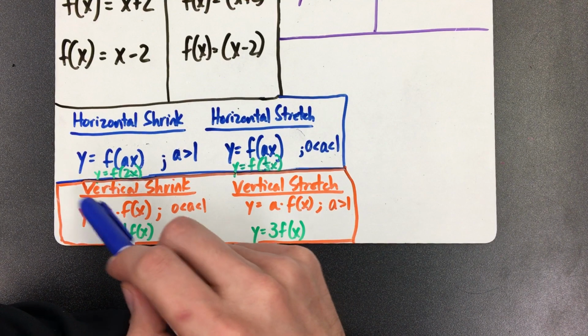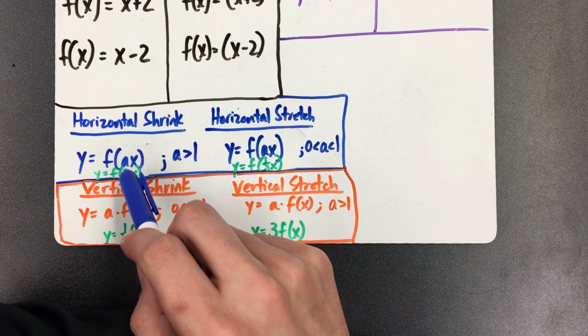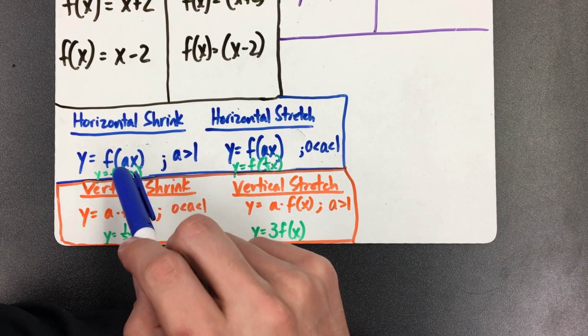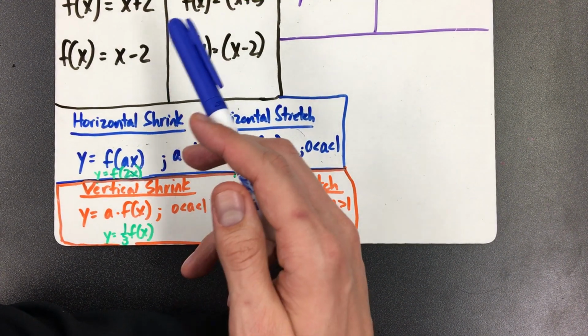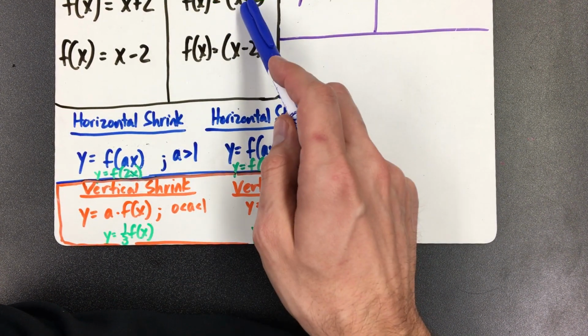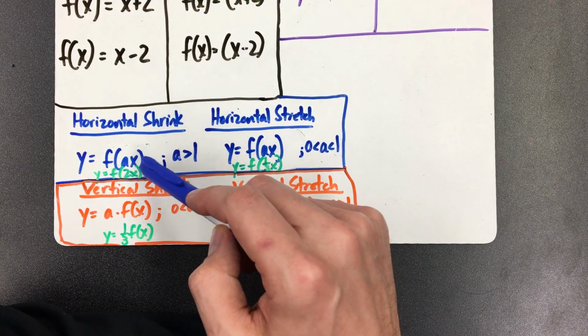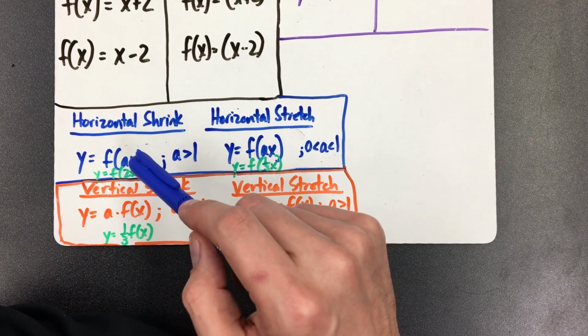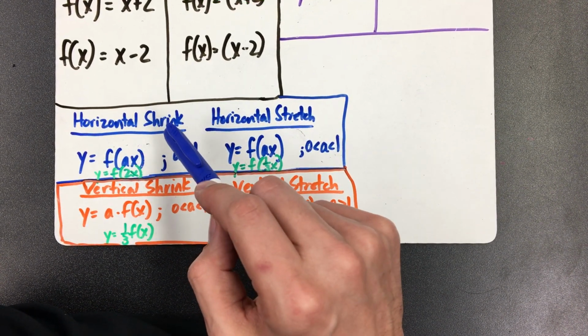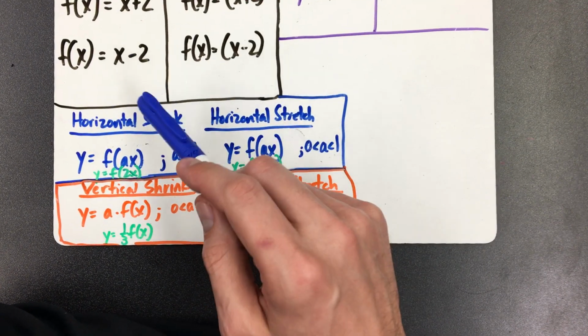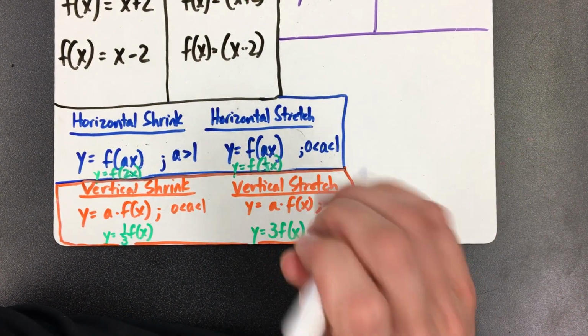The A and the 2 are basically the same thing. And that number is bigger than 1. So if you have a number in the parentheses bigger than 1 being multiplied by the x, like up here it was being added and subtracted, here it's being multiplied by the x, and it's a number bigger than 1, you actually have a horizontal shrink, which seems backwards, that a number bigger than 1 would be a shrink, but it is when you're doing horizontal.